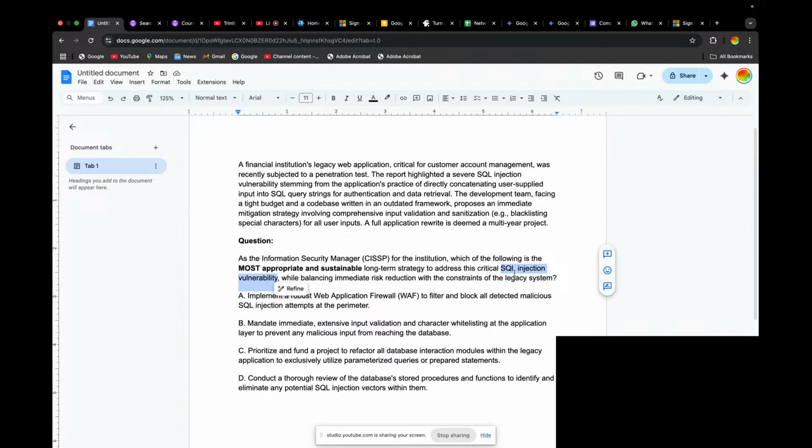That means hackers can input malicious code into the database. But when you have parameterized queries, your SQL commands will have placeholders, and user inputs and the SQL commands will be separated.